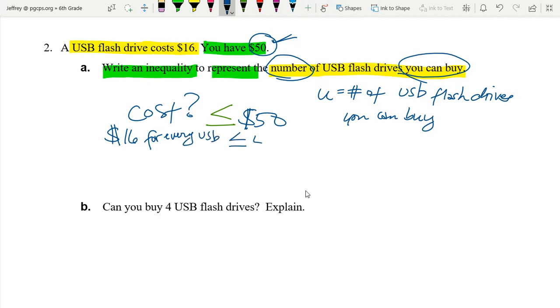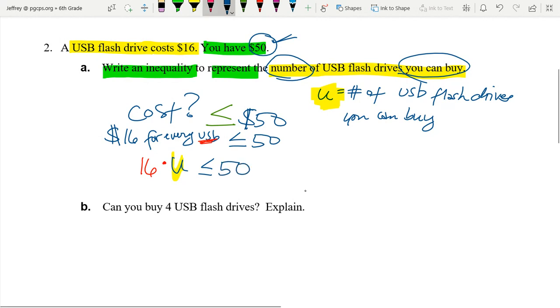Since it says $16 for every one, we multiply that by the amount of USB drives we're buying that we do not know, and we represent that with the variable U. So 16 times U should be less than or equal to 50. So our inequality would be 16U is less than or equal to 50. Hopefully that's clear.